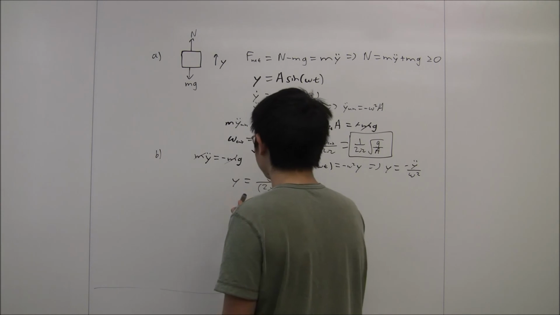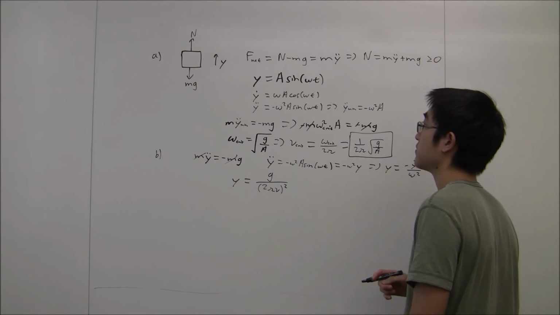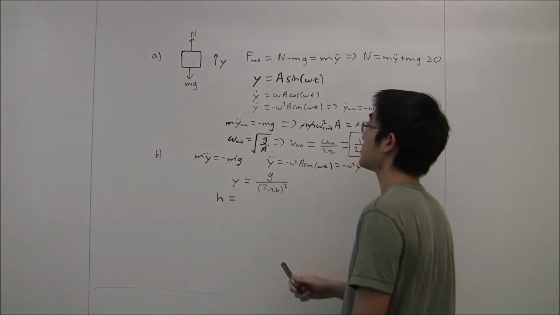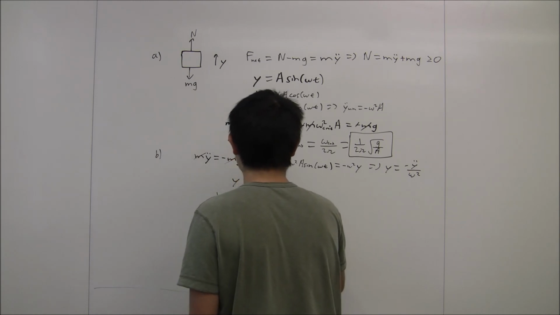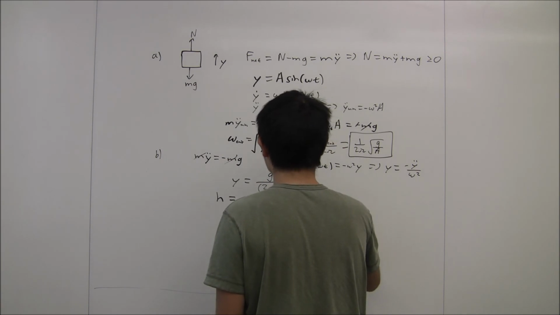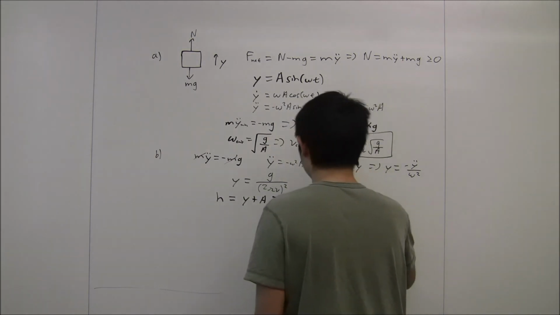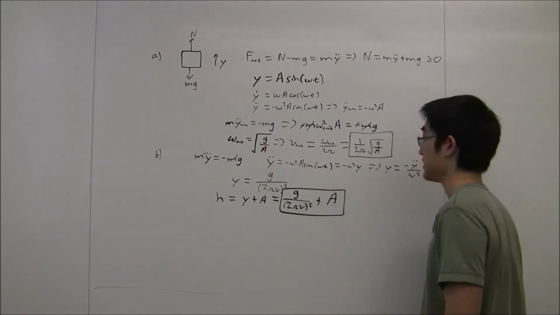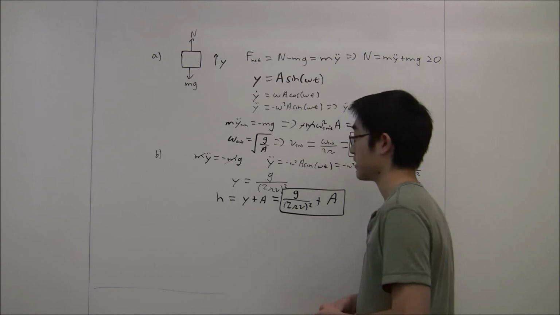Now y is the vertical distance of the block from the midpoint of its motion, which means that the distance h from the lowest point of the platform's motion is going to be y plus big A, where A is the amplitude. So the final answer is g over (2 pi nu) squared plus big A. That's the distance from the lowest point of the platform's motion at which the block will leave the platform.